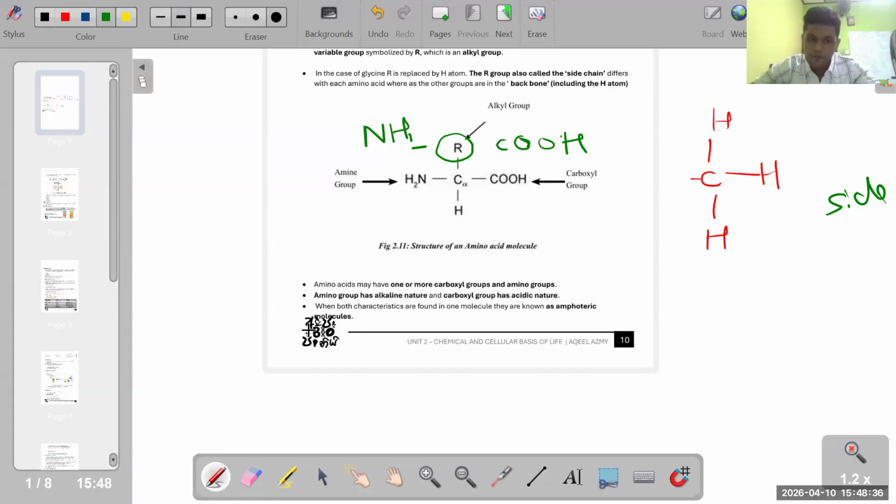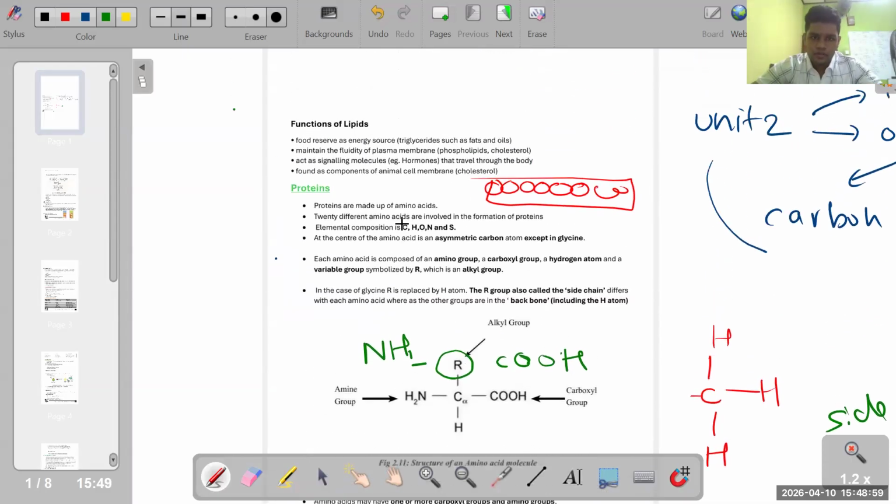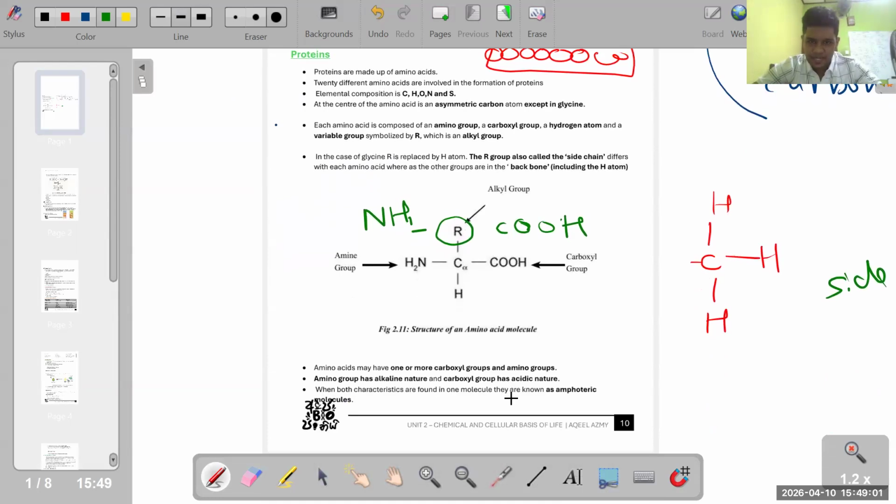Yes. Amphoteric means having both acidic and basic, or acidic and alkaline nature. Very good. Both acidic and basic should be present. If that is the case, they are called amphoteric molecules. Now, just go through this part, the first page, and let me know if you have any doubts. If you have no doubts, let's move to the next part.